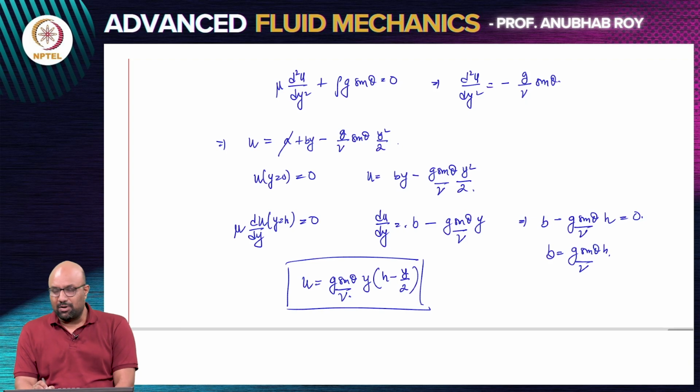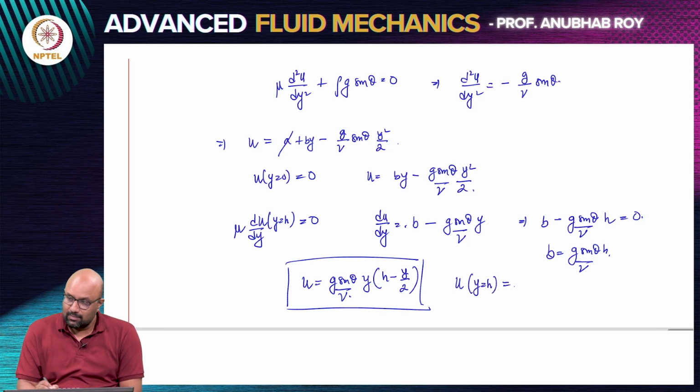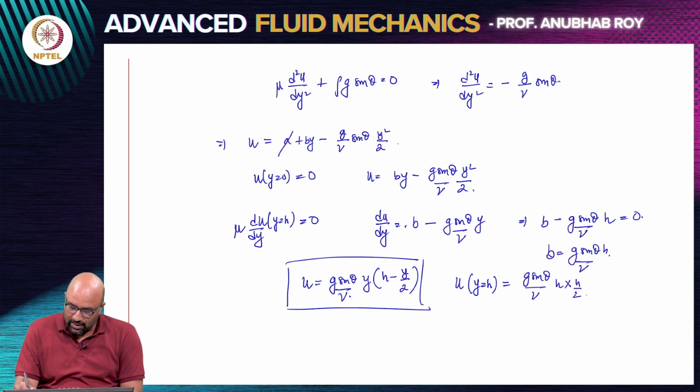So, this is the velocity profile which goes to 0 at y equals 0, and it has a 0 slope or 0 shear stress at y equals h. The velocity at the interface is no longer 0. This is g sin theta by nu h into h by 2.